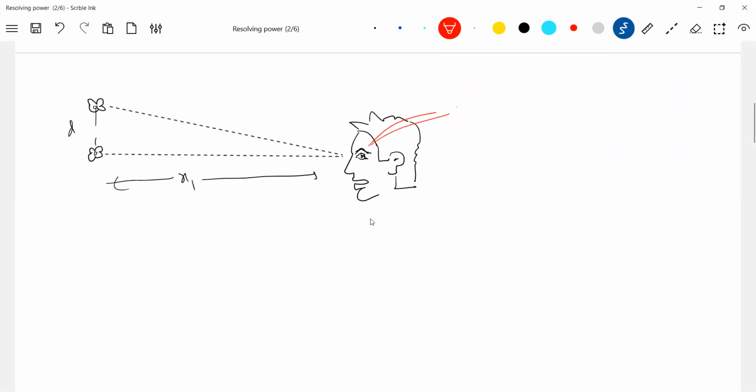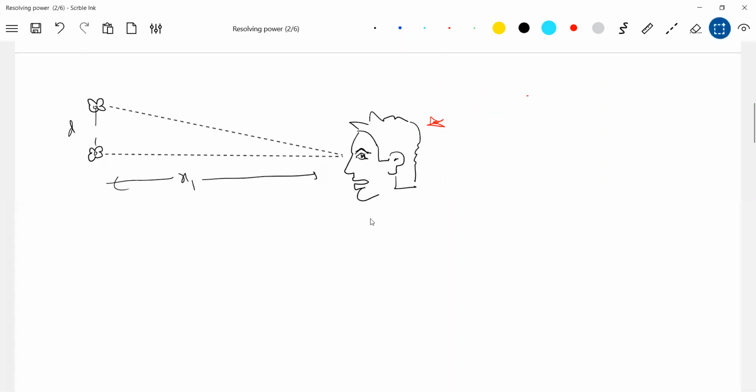So what is his vision? His vision says that there are two flowers. Okay, I'll first draw them. So what will go on in his mind?